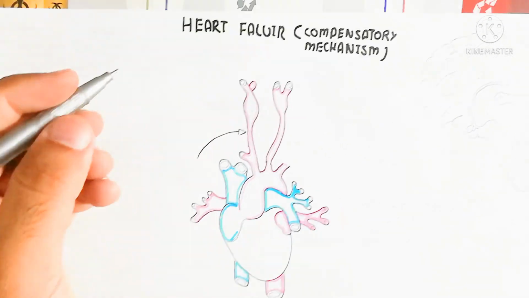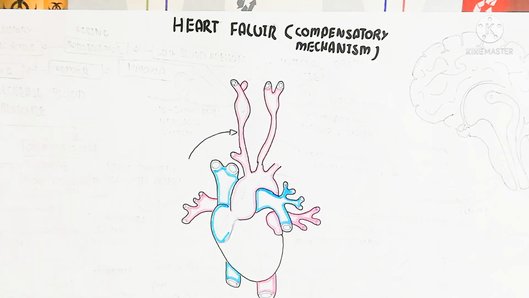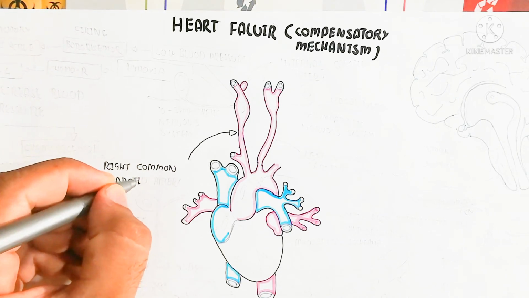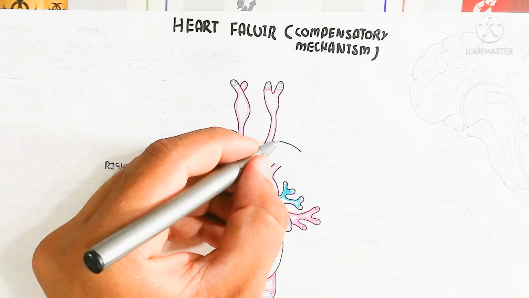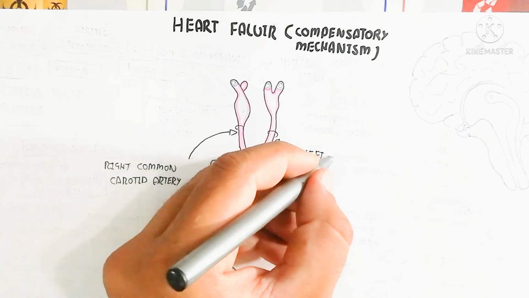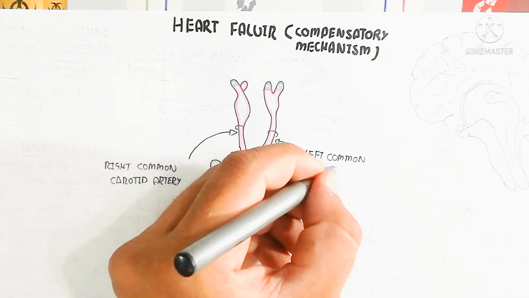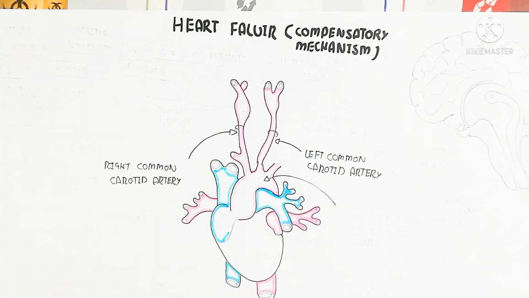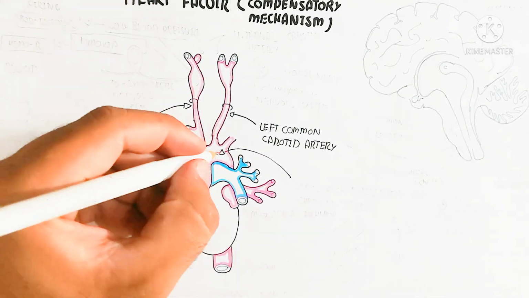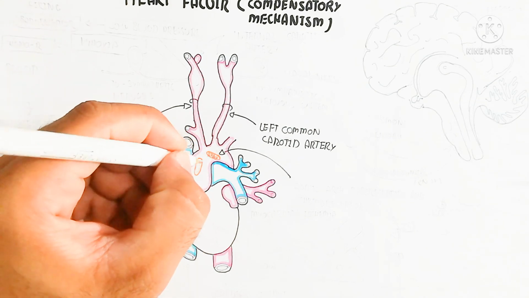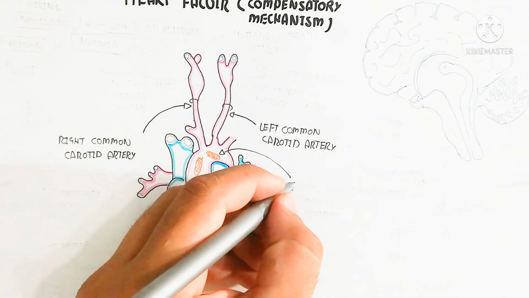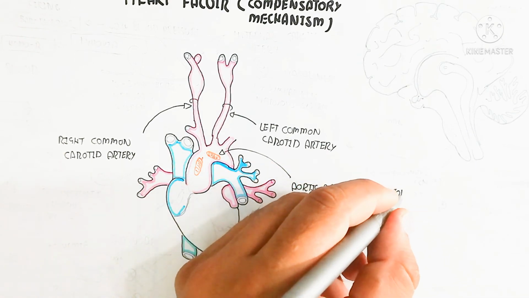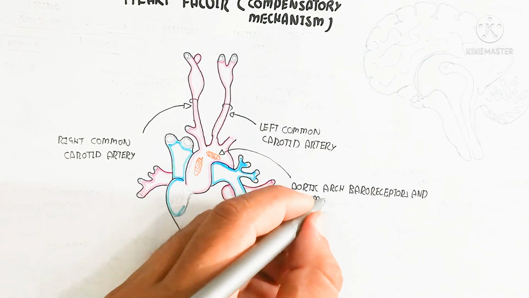The right and left common carotid arteries contain baroreceptors and chemoreceptors. These are used for the detection of oxygen and carbon dioxide, while the baroreceptor detects stretch to sense blood pressure. The aortic arch also contains baroreceptors and chemoreceptors.